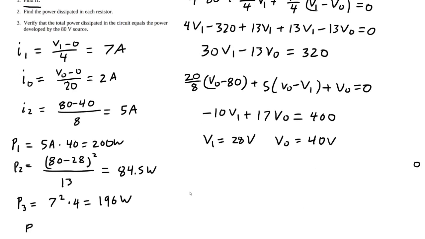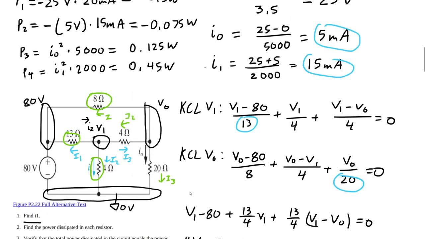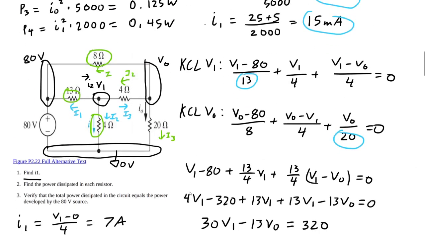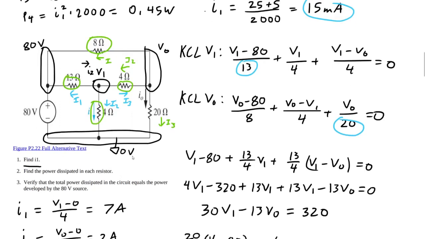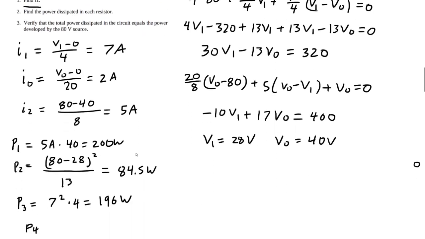And P4, let's call that the last resistor, or there's 2 more resistors. Okay, so say this is P4. I'm going to do the voltage drop again, and it's the magnitude of the voltage drop.